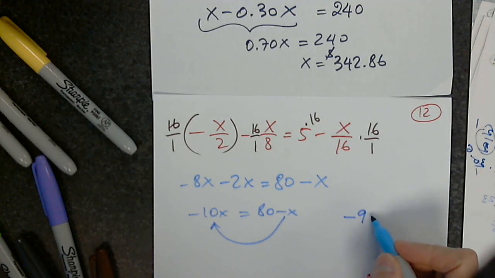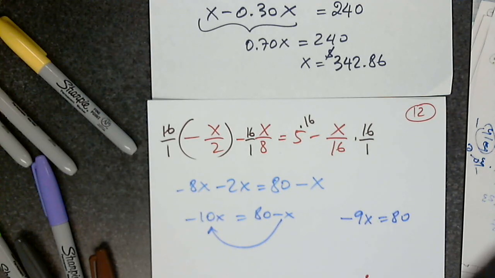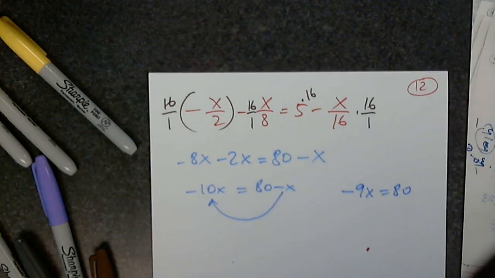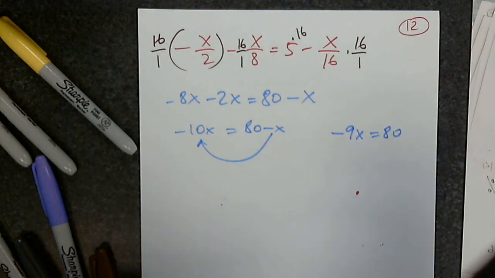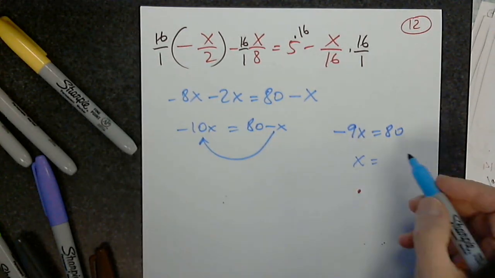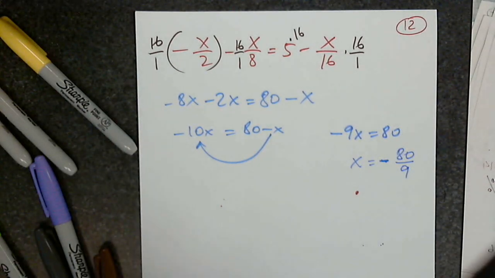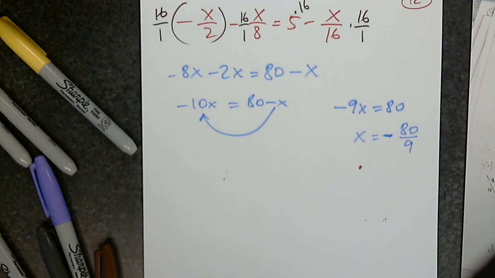Negative 9x equals 80. So then finally x equals? Negative 80 over 9. Yes, negative in front of the fraction line. Awesome. Perfect. Very good.